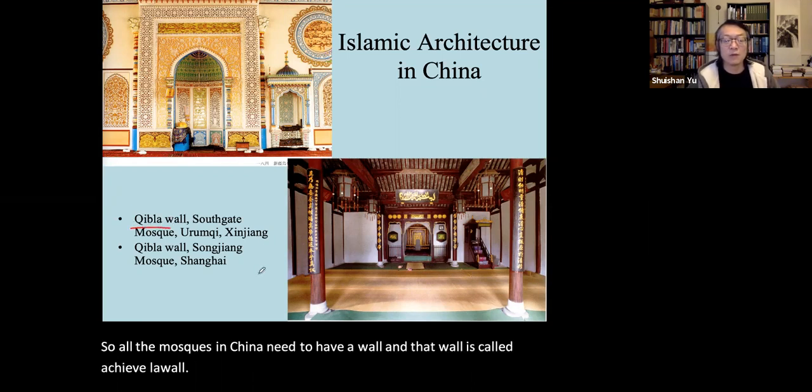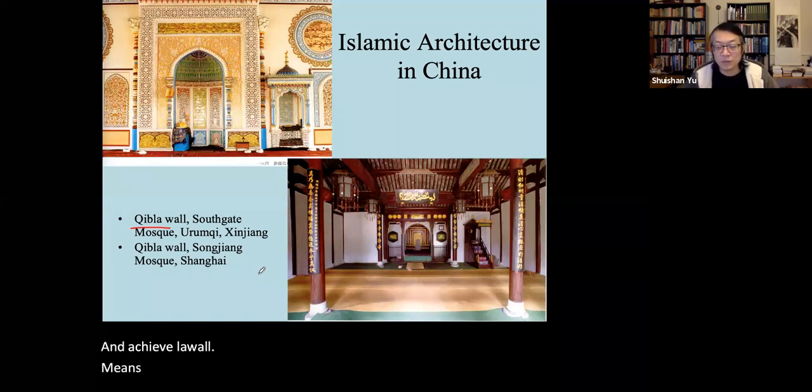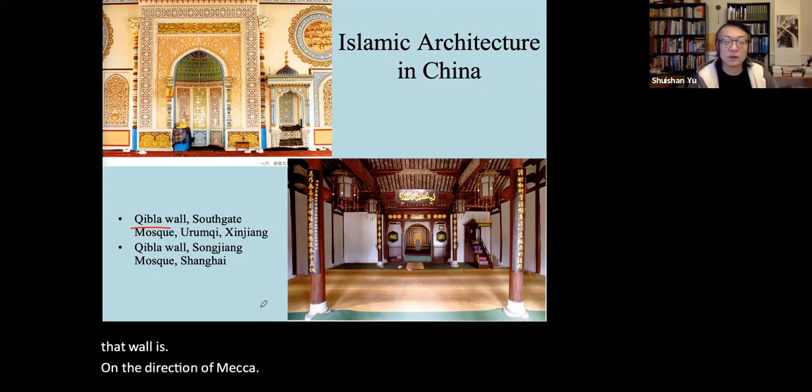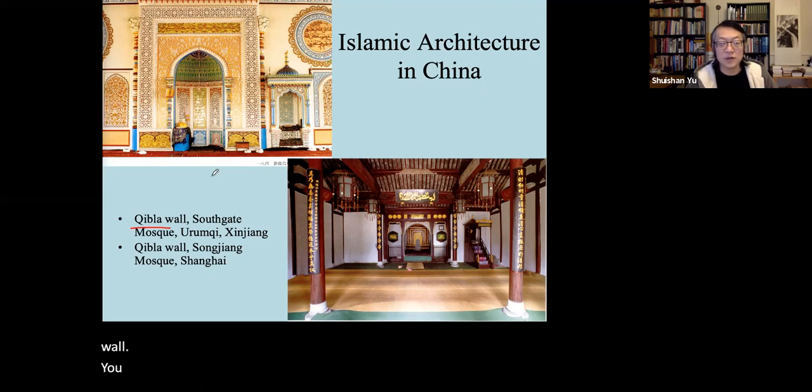And the Qibla Wall means that wall is located on the direction of Mecca. So inside the mosque, when you are facing the Qibla Wall, you are facing the direction of Mecca.